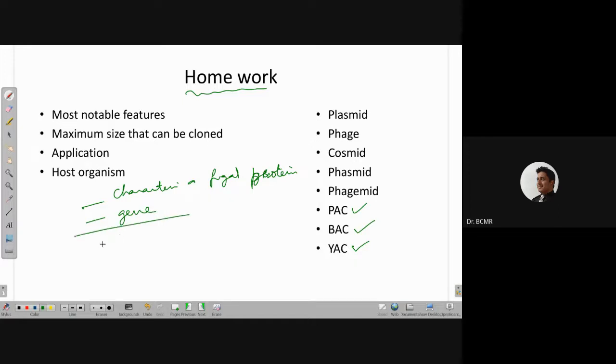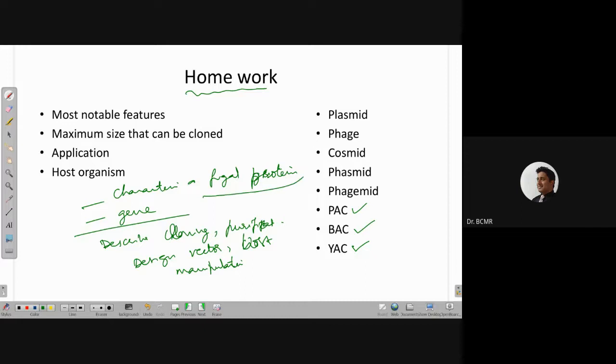Then I might ask you to describe the cloning and purification. I might ask you to design the vector, choose a host, and also make any modifications or manipulations that are required to get the fungal protein.